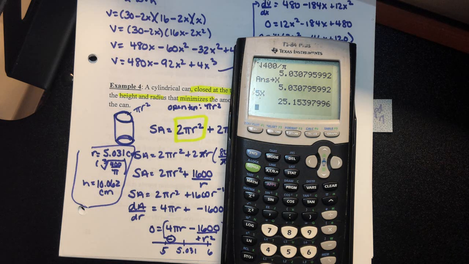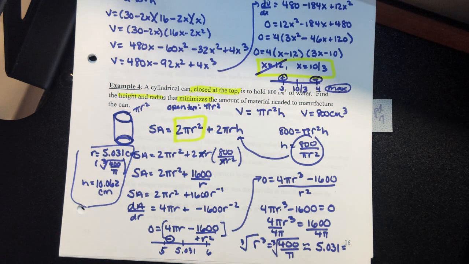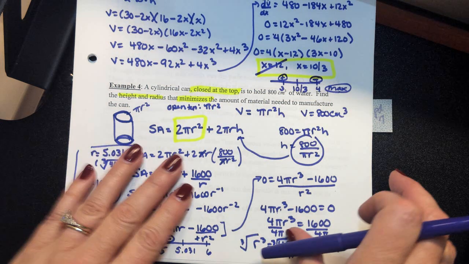So it's giving you a much better answer versus rounding it. You don't want to use a rounded answer to round another answer and then perhaps another rounded answer. You're getting further and further away from the value that it should be. So any questions on your cylinder can problem?